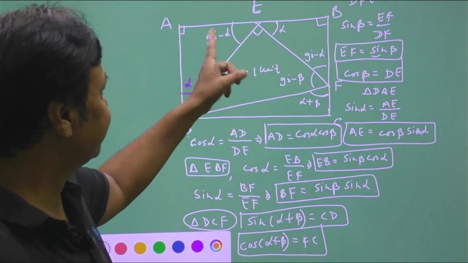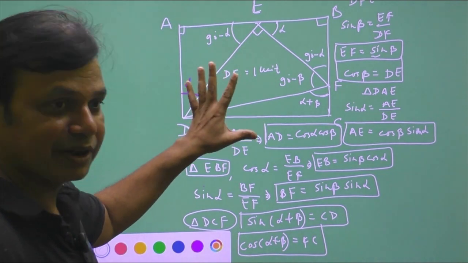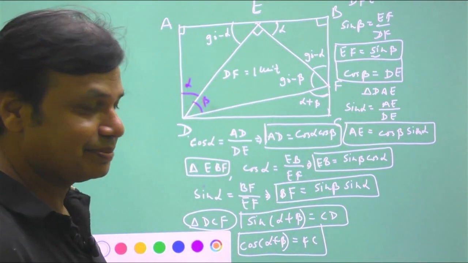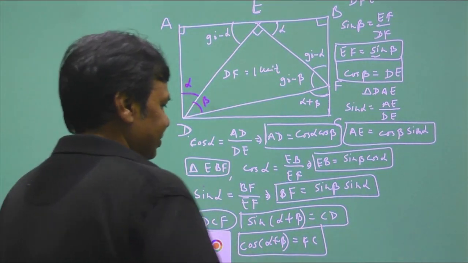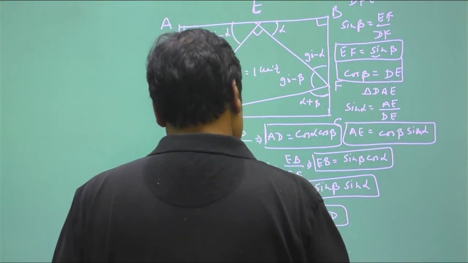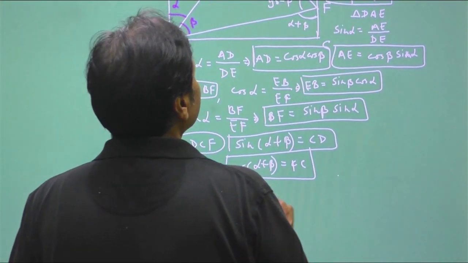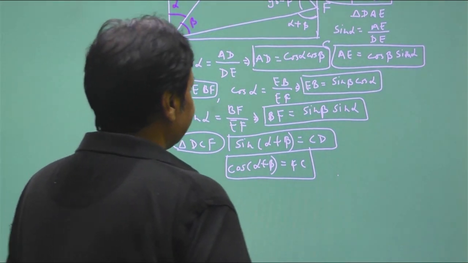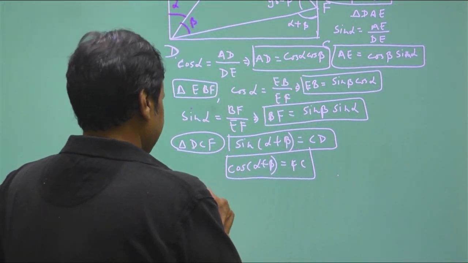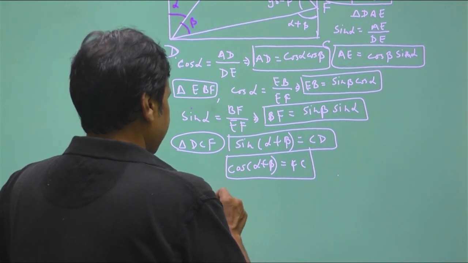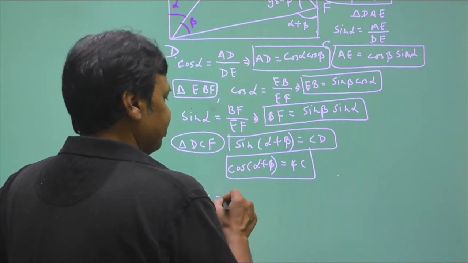Let's find cos alpha plus beta. FC is equal to cos alpha plus beta itself.